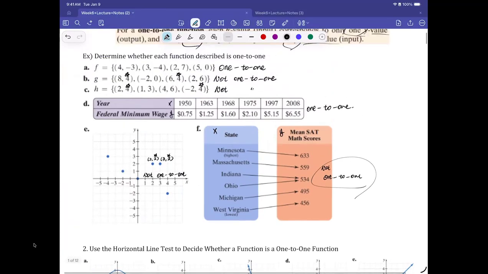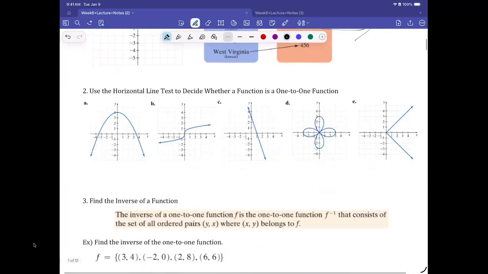Any question about A through F? So for these, just look at the ordered pairs, and then you can tell whether it is 1-to-1 or not. What about graphing? How do we know if a graph is 1-to-1 or not?